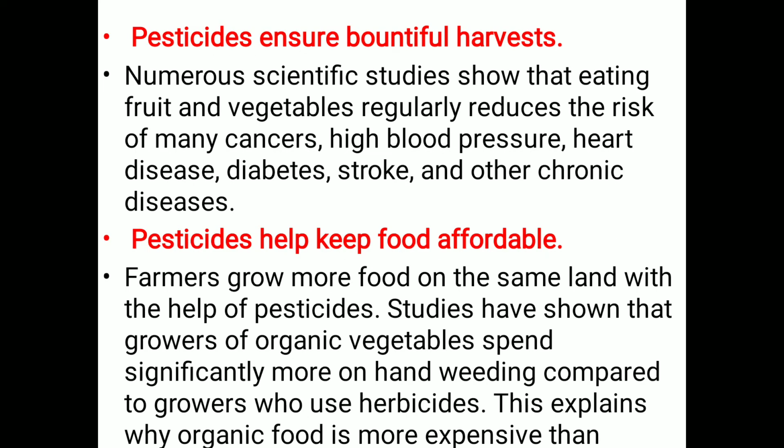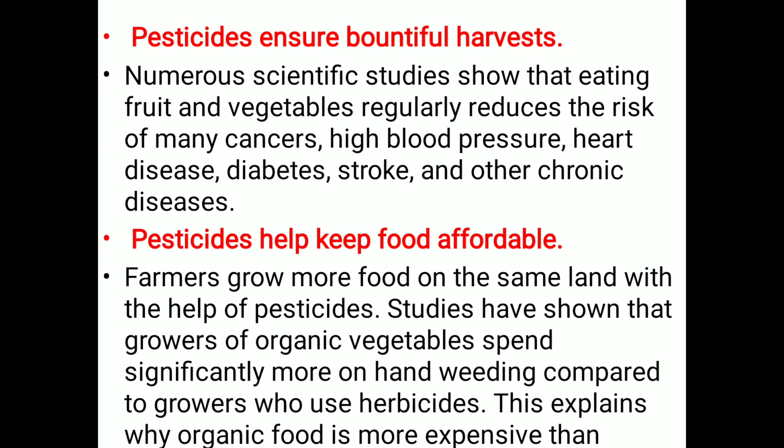Next one, pesticide ensures a bountiful harvest. That means if you use a suitable combination of pesticides, or biological pesticides, there is no effect on the produce, and due to that we reduce the impact of pesticide residue on human health.